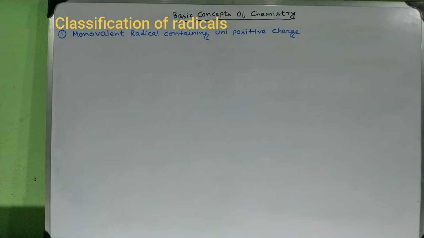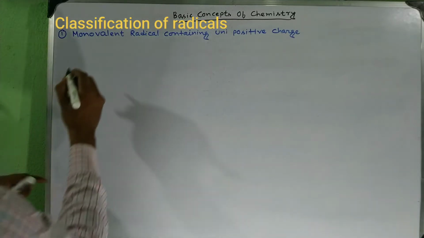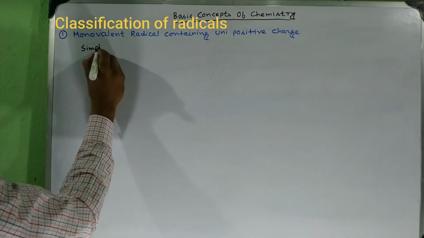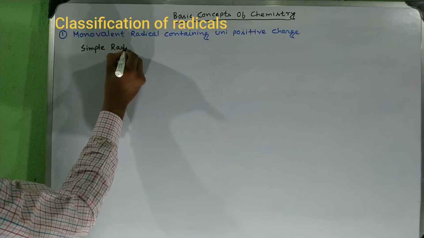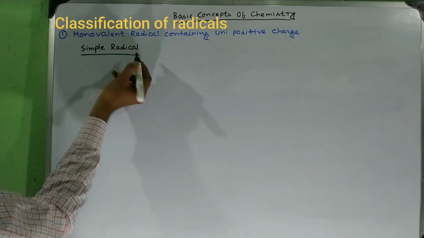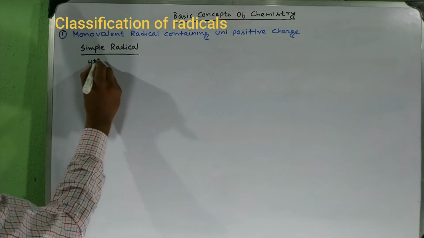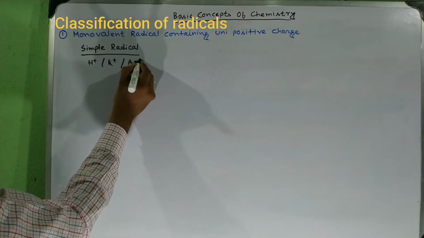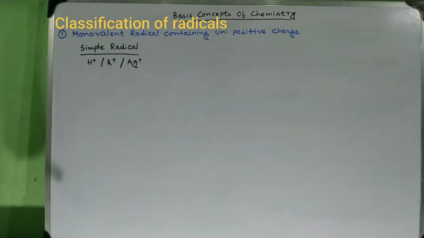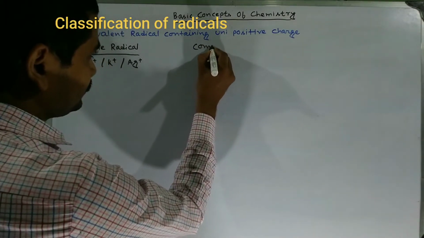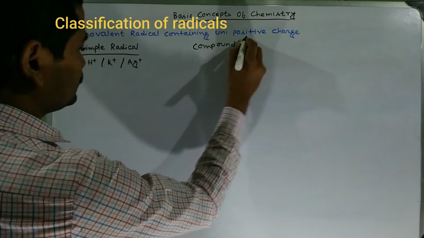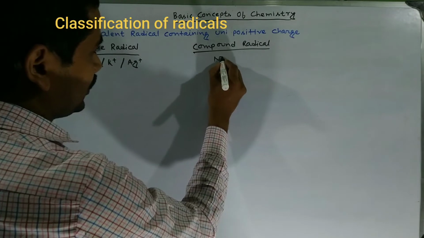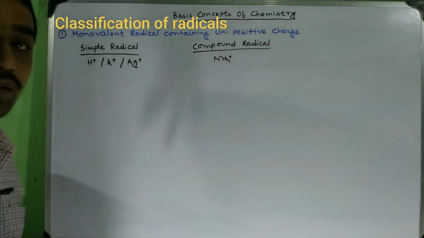Example of a simple radical first: H plus, K plus, Ag plus. Clear? Now the compound radical is NH4 plus. Clear?